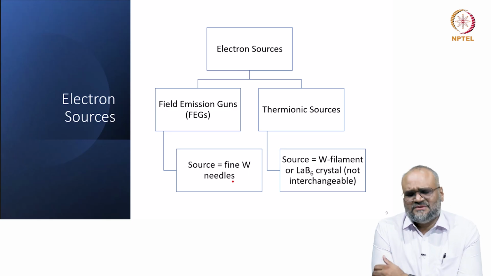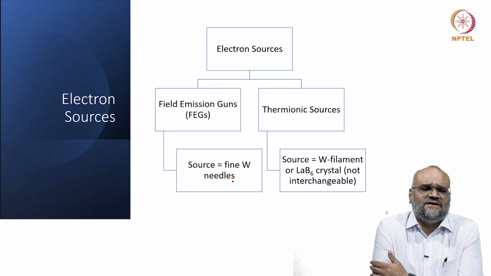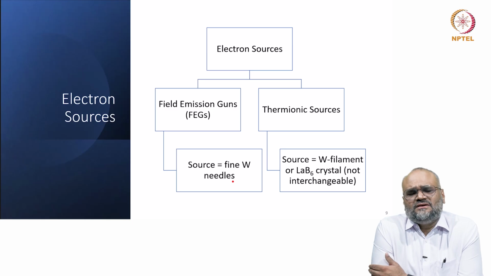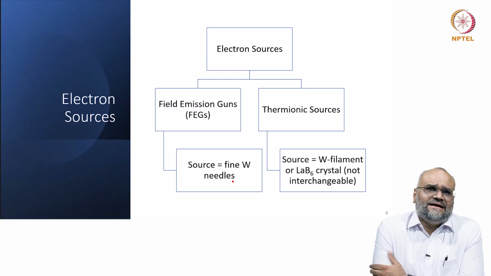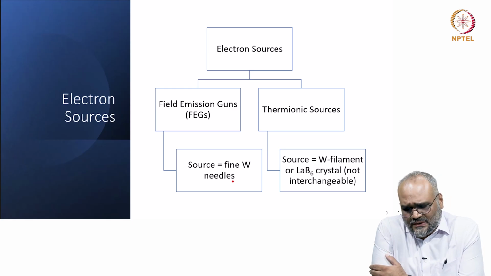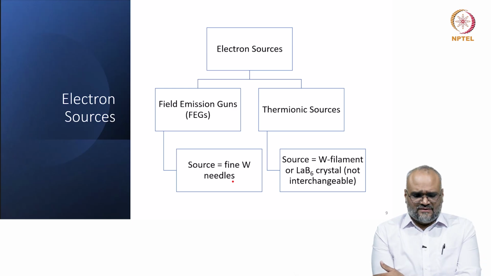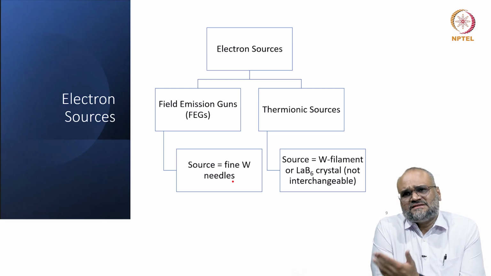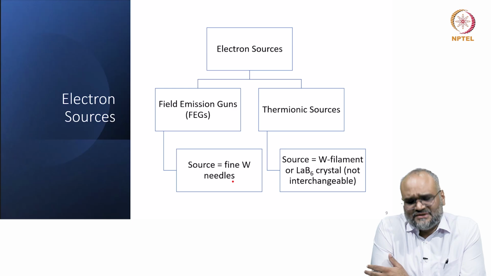If I look at a field emission gun, the construction is slightly different because you have an anode, actually a double anode, one of which is useful to extract and the other anode also acts to lower the work function barrier, and this helps you with what is called Schottky field emission.